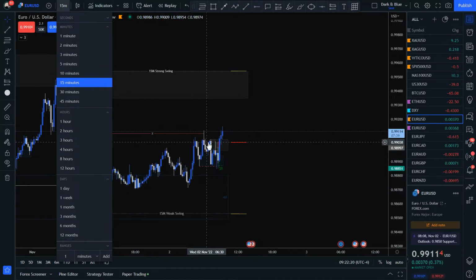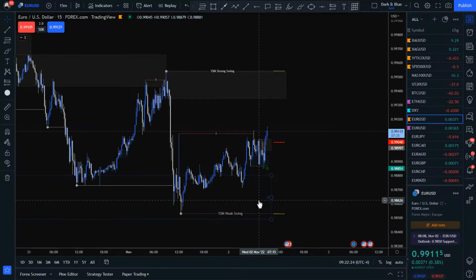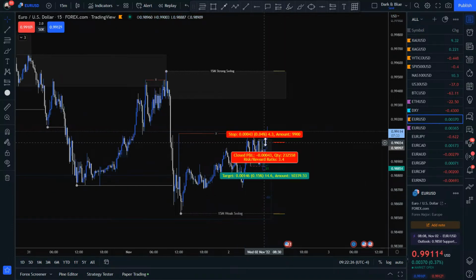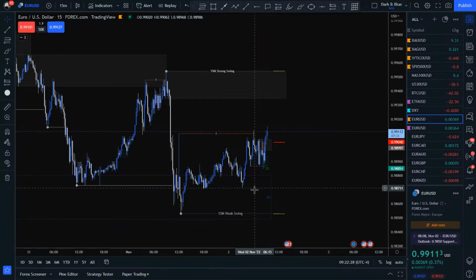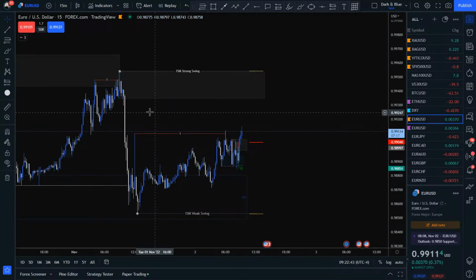So once you see supply being taken out, buys are permitted. Doesn't mean you have to take them, but buys are permitted if you see supply failing, because you don't have to take a buy into it. You understand? So that's something to make note of.